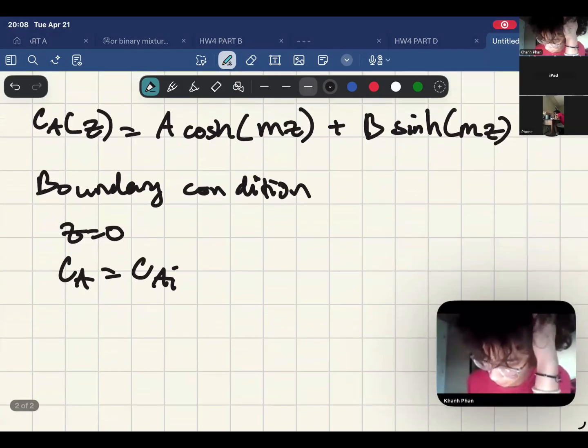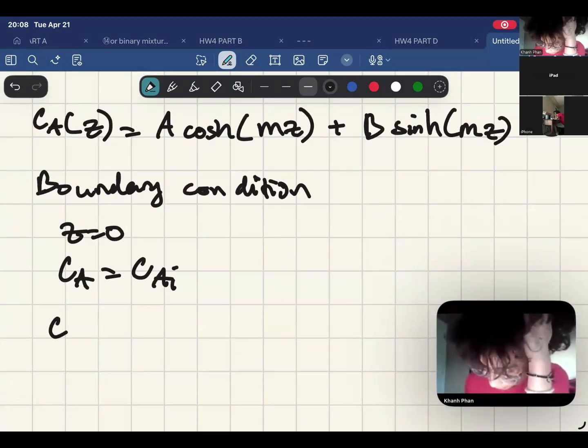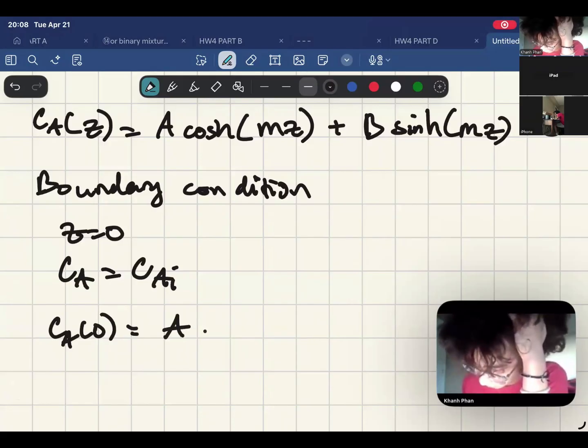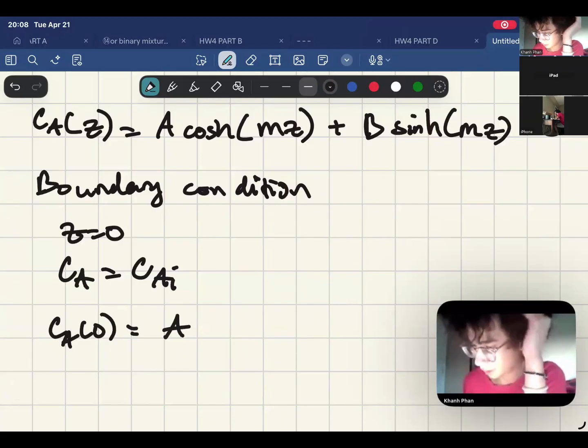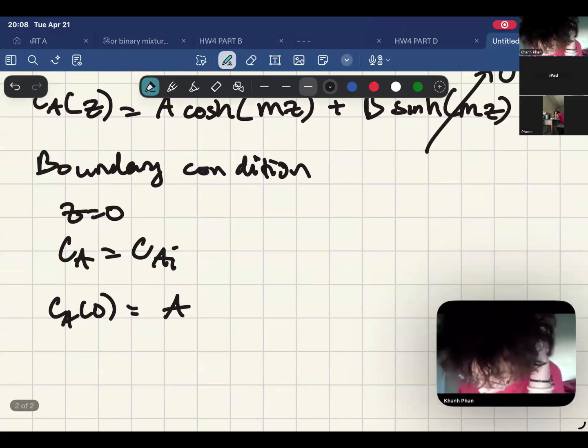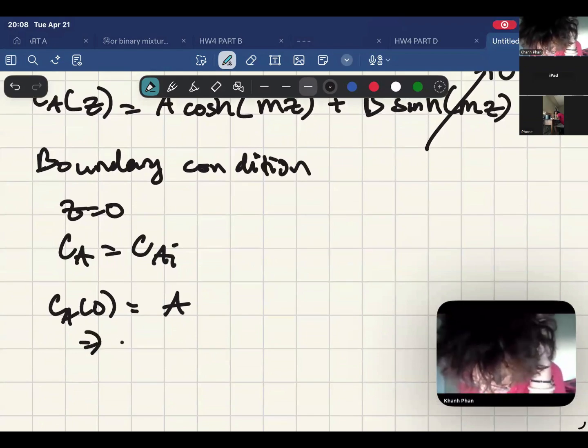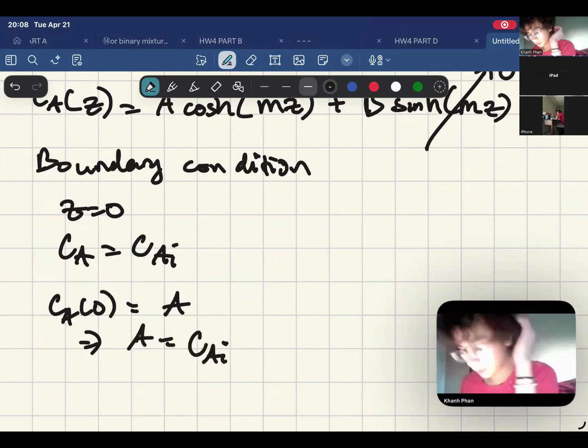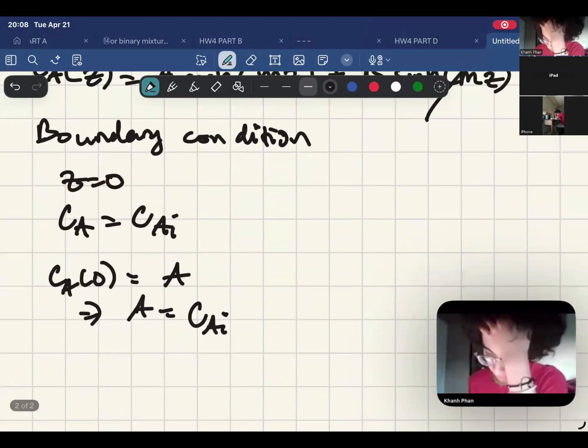Now we have our boundary condition at z equal to zero, the concentration of A is CAi. Substituting z equal to zero, we have A, because hyperbolic sine of zero is zero. So we know that A is equal to CAi, the concentration at the interface.